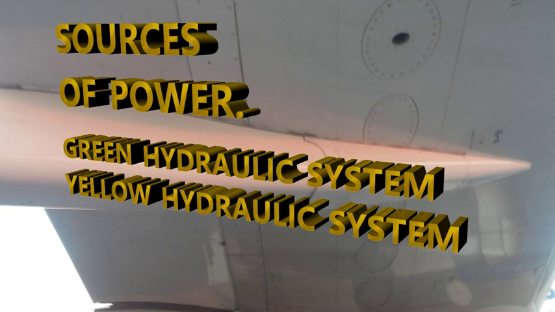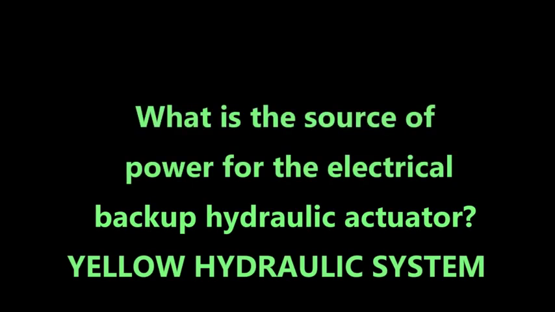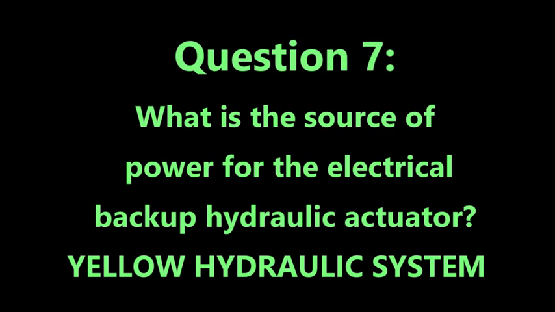The blue hydraulic system falls off here. When we're talking about the A350, we're only talking about 2 systems for your source of power: your green hydraulic system and your yellow hydraulic system. Those are your 2 sources of power. So just remember that for test purposes.